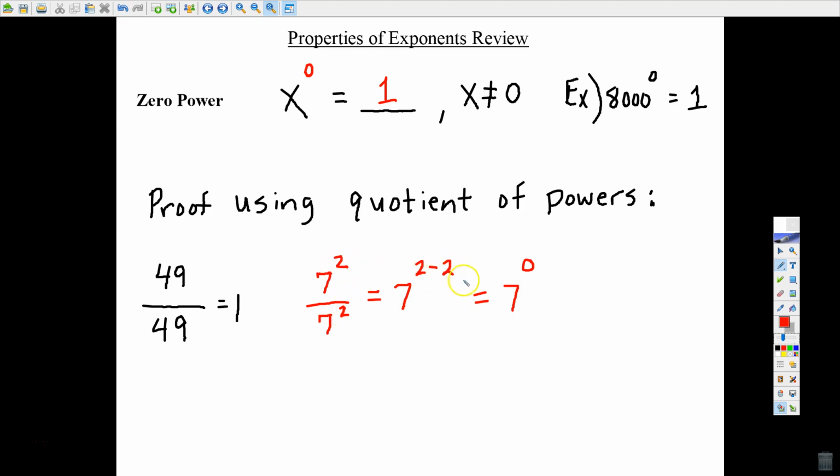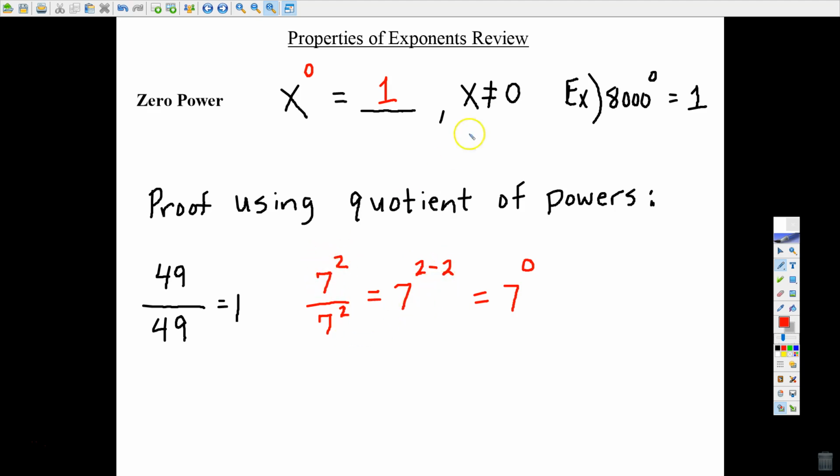Well, 2 minus 2 is 0. So I have 7 to the 0 power over here, but that's the same thing as equaling 1. Okay, so hopefully that helps this 0 power property make a little bit more sense when you apply it with this quotient of powers property.